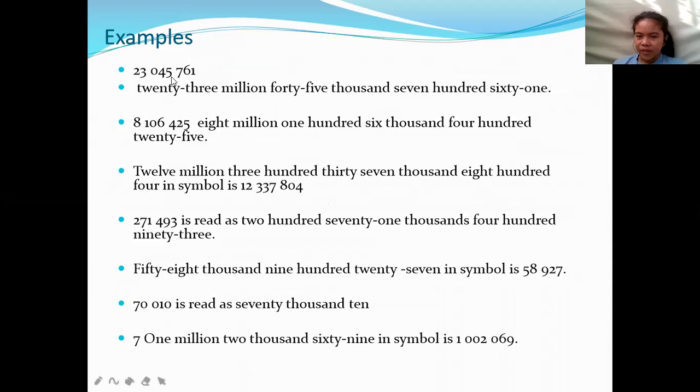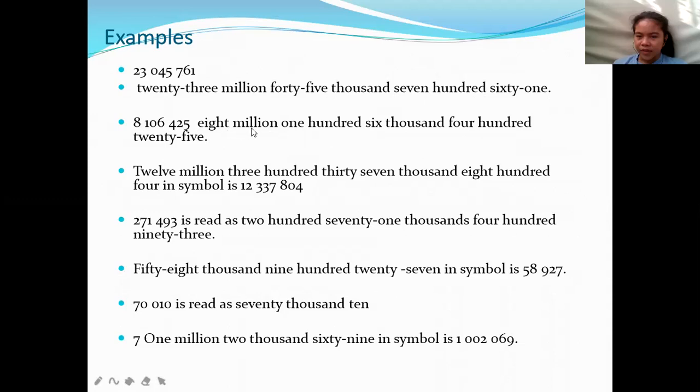We have the first example, 23, this is in the millions place. 23,045,761. Okay, so this is in words. 23,045,761. Okay, next we have 8,106,425.